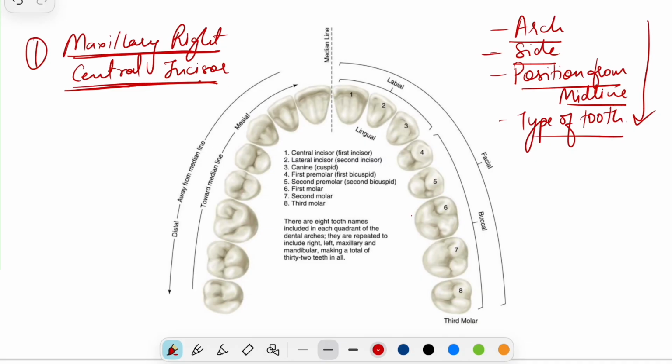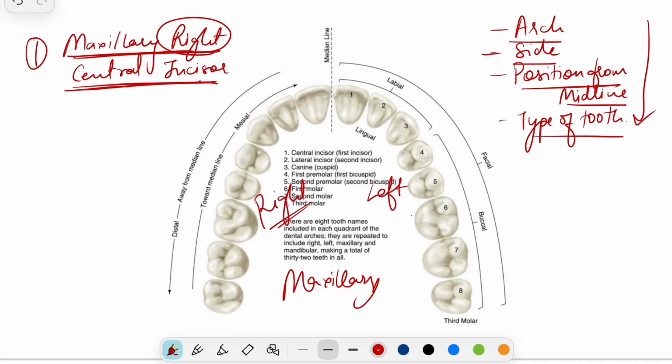So we are talking about the maxillary arch, and we have our maxillary arch right here. Then we have this right side, which will be the right side according to the patient's perspective. So we will be talking about this half.